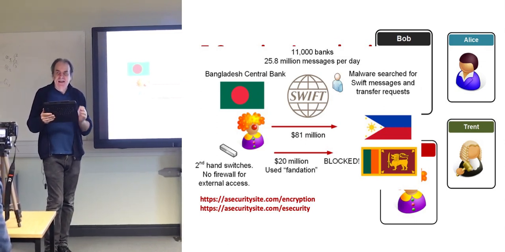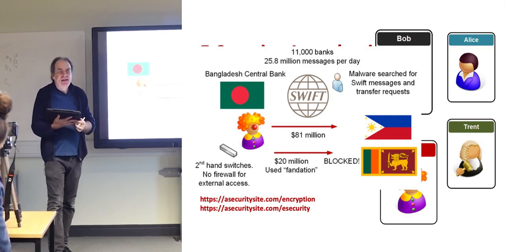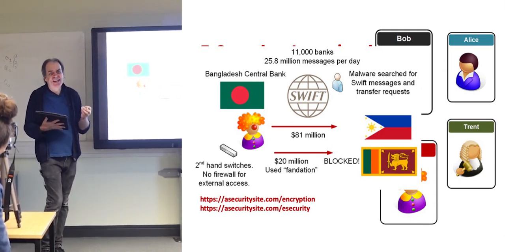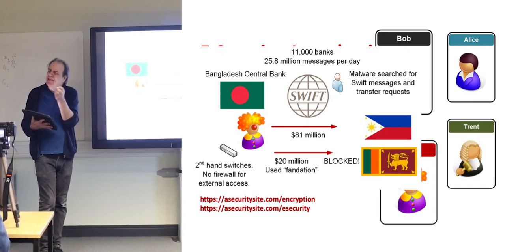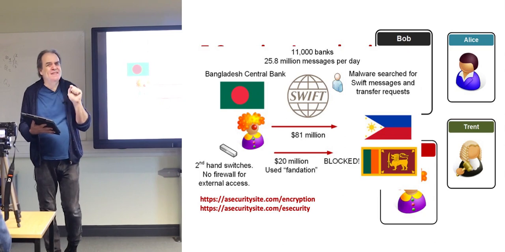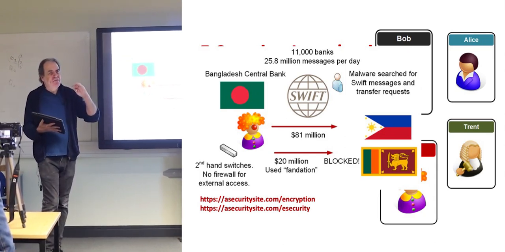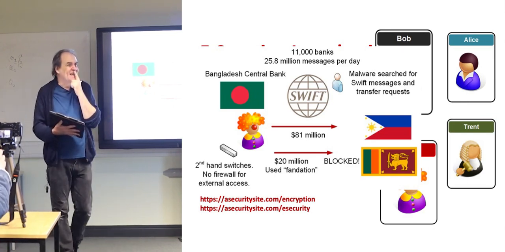And then they tried to transfer 20 million, but didn't spell foundation correctly, and they had "fandation". And someone in a bank somewhere said, that's not how you spell foundation, and stopped the transfer. So it's kind of worrying that our banking infrastructure, the core of it, is based on simple spell checking and grammar checking.